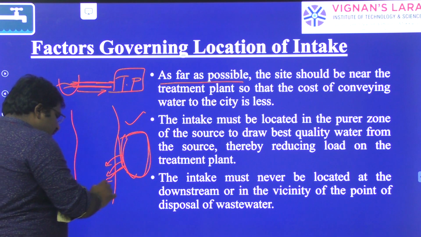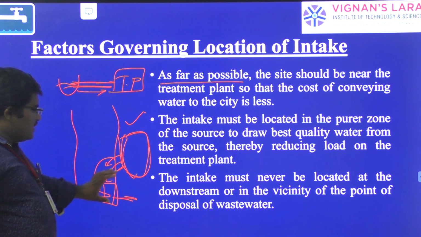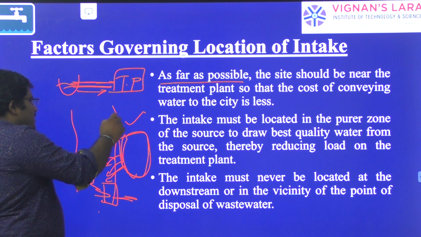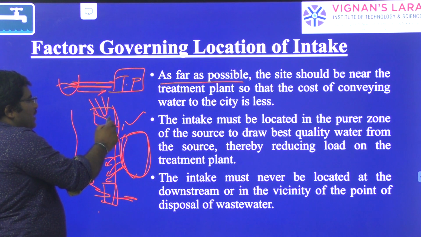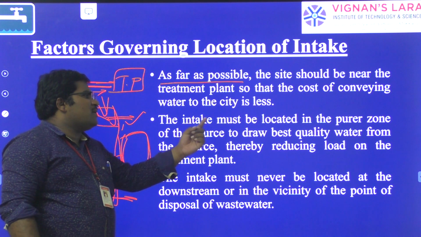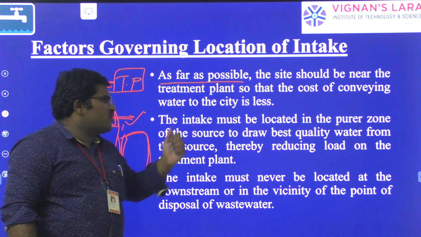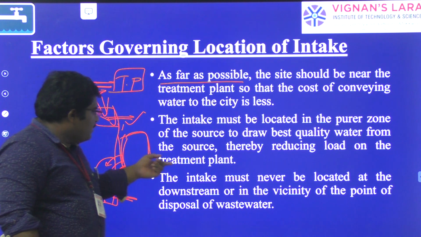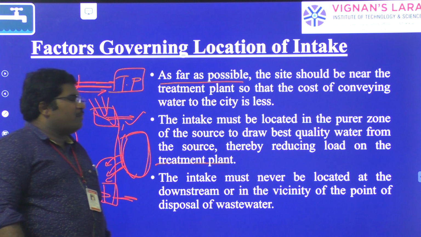If you have an intake structure here, it will give polluted water. Instead of locating it downstream of the town, if you select a place upstream of the city or town, you are going to get pure water without any pollution. So the intake must be located in the purer zone of the source to draw the best quality water, thereby reducing load on the treatment plant. If you get good water, it won't create much load on the treatment plant.